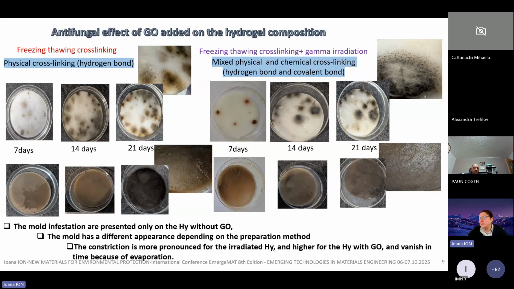As we can see in the picture, after the irradiation, the constriction is a little higher, because after the irradiation, additional cross-linking of the polymeric chains is obtained, leading in this way to a small constriction.